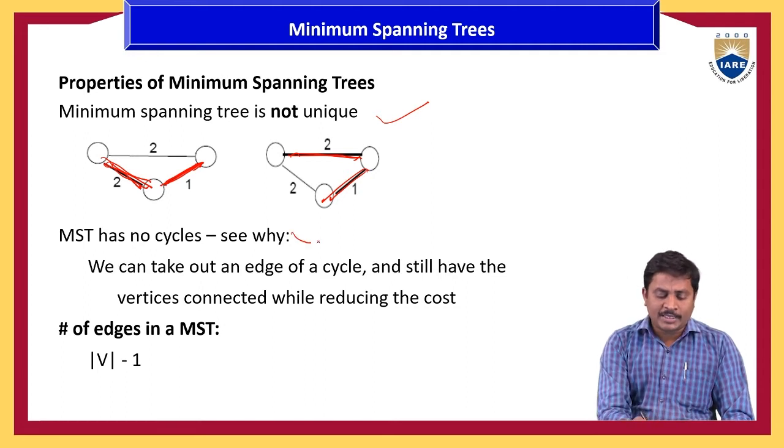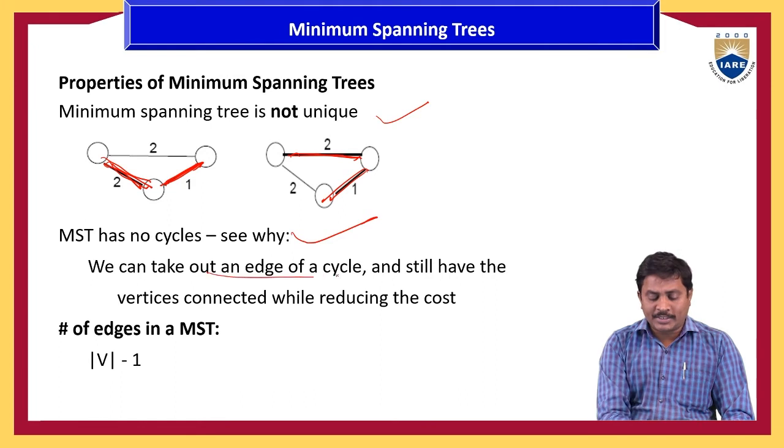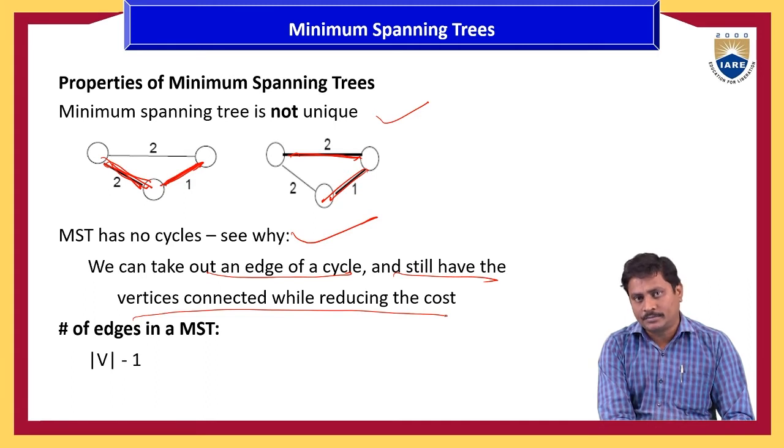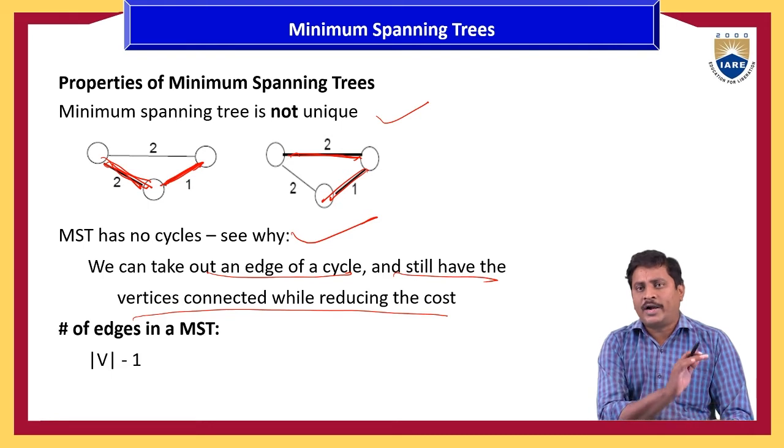Minimum spanning tree has no cycles. So we can take out an edge of a cycle and still have the vertices connected while reducing the cost. So compulsorily we won't take the cycles. Whenever drawing the minimum spanning tree, we avoid the cycles.